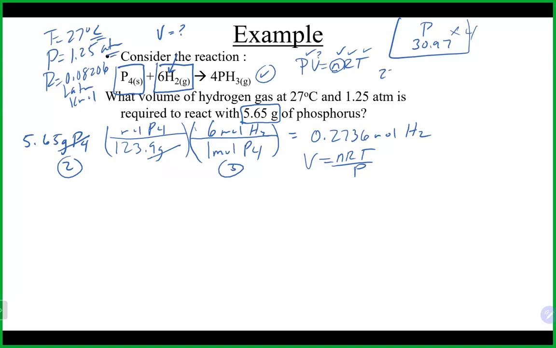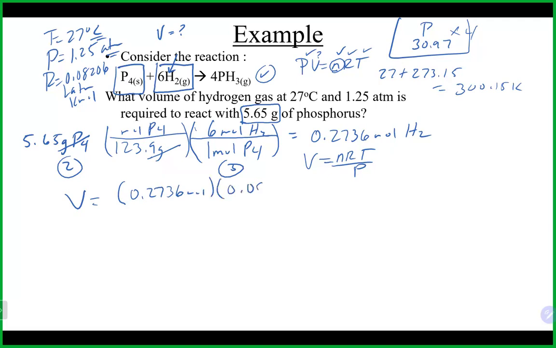We'll do 273.15 plus our 27, and that's going to get us 300.15 Kelvin.